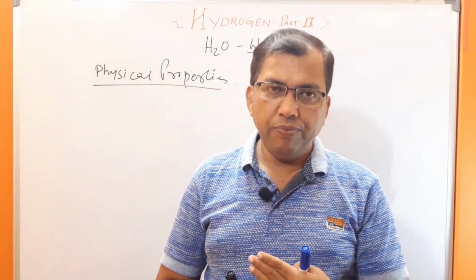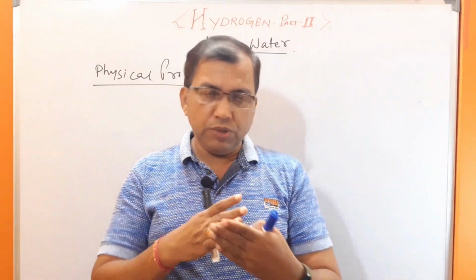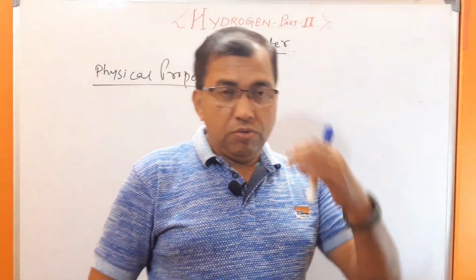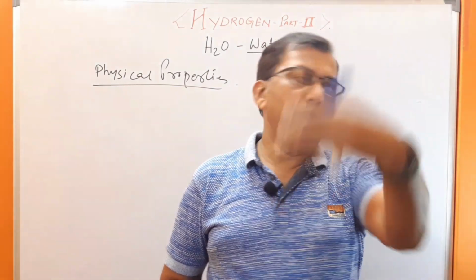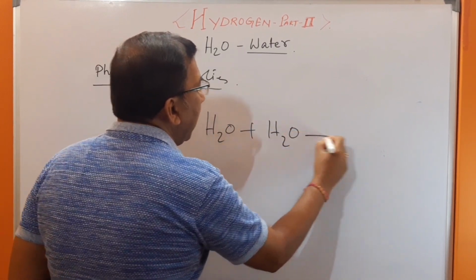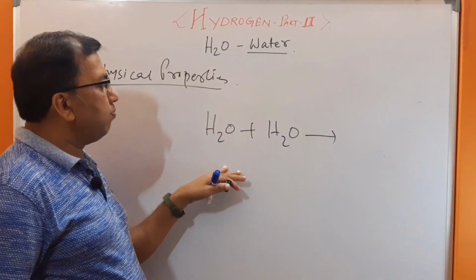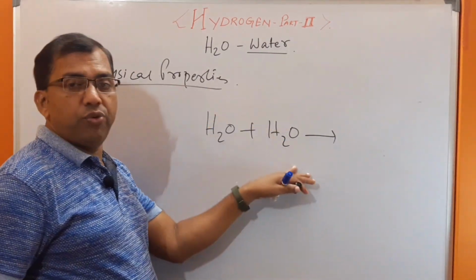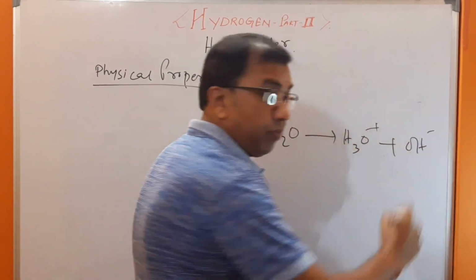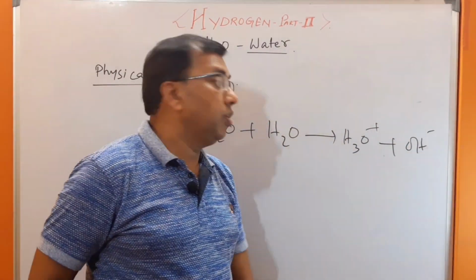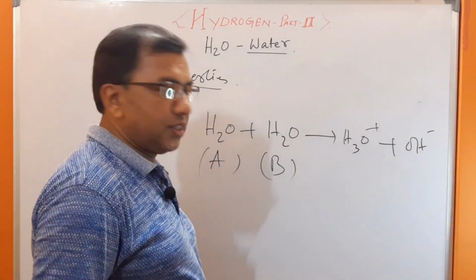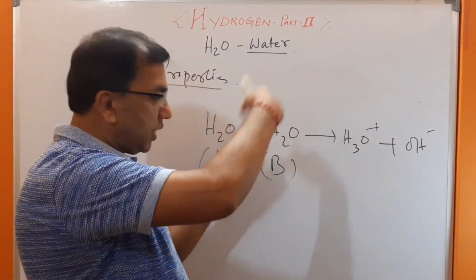What is autoprotolysis? When water undergoes self-ionization, it is known as autoprotolysis. H2O + H2O gives H3O+ and OH-. From this reaction, the example I am giving shows both the acidic property and basic property of water. This is the autoprotolysis of water, and also this is acid, this is base. Why? According to Bronsted, acid is the proton donor and base is the proton acceptor.